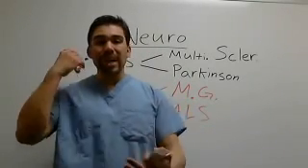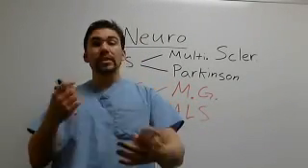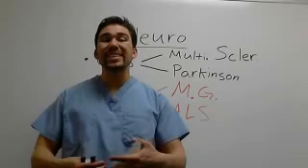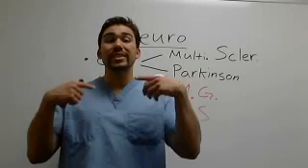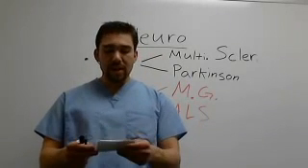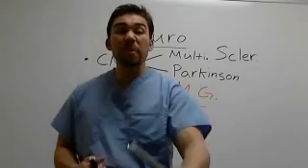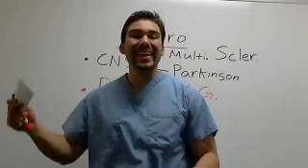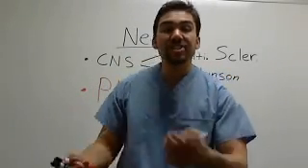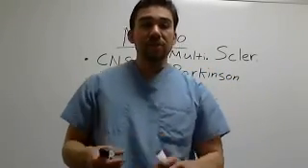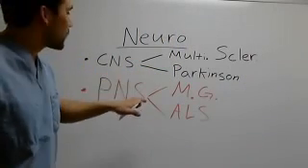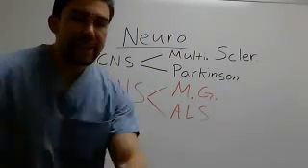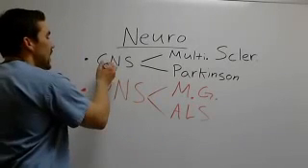So, let's go into specific signs and symptoms of each one to identify each one. But let's first go into some pathophysiology for each one. So for your central nervous system, I like to remember this by saying it's your CMP.